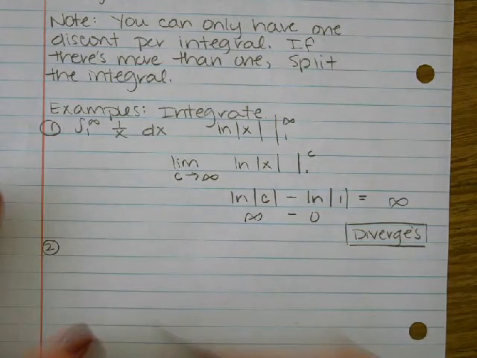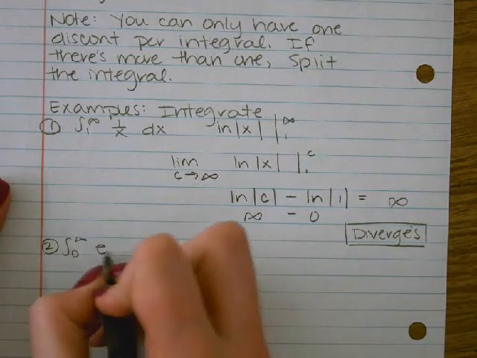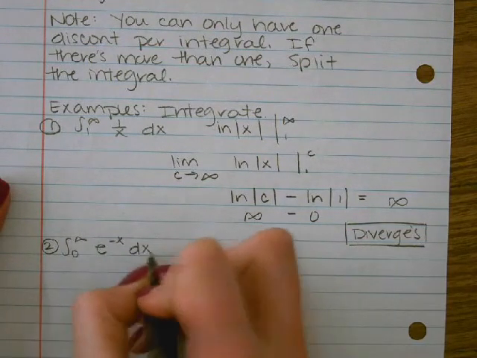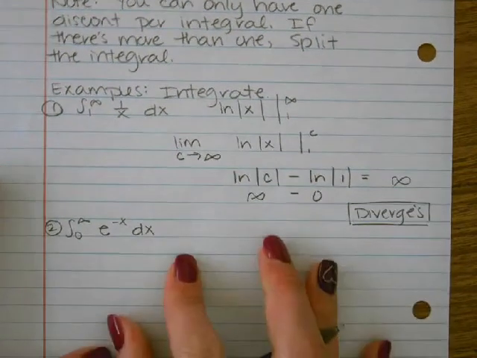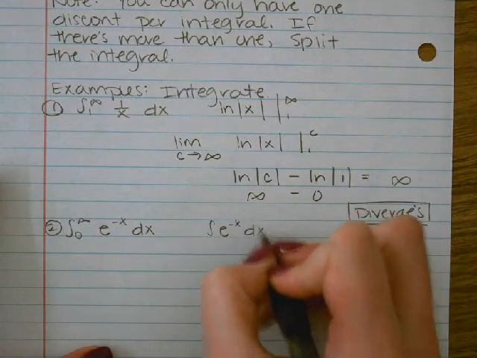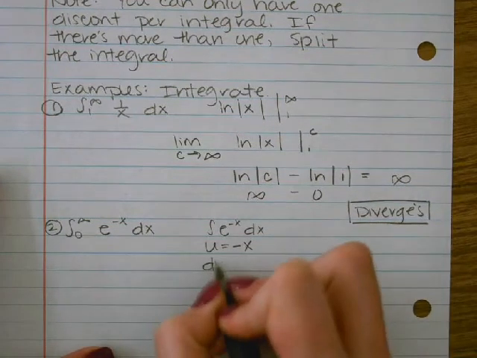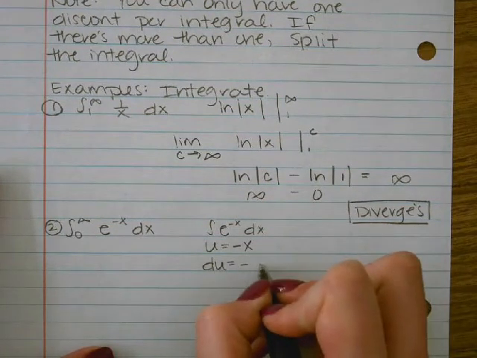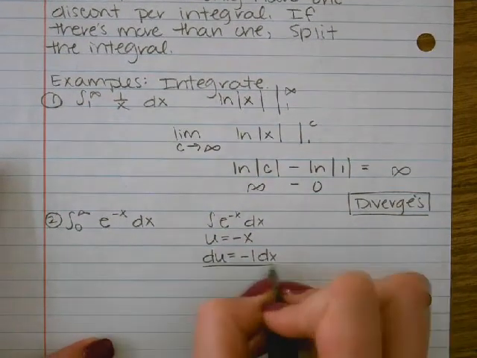All right, for this one, we're going to look for the limit from 0 to infinity of e to the negative x dx. So first I'm going to go ahead and integrate this. I know that the integral of e to the negative x dx uses u substitution. So my u is negative x, my du is negative 1 dx, and I don't have a negative sitting in there, so I have to put that in the front.